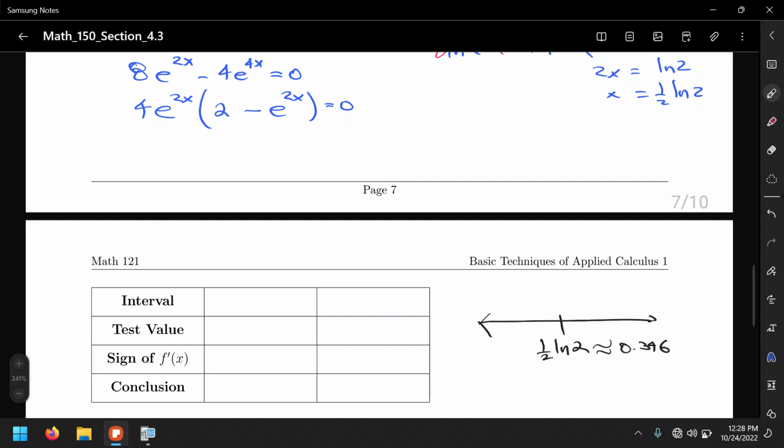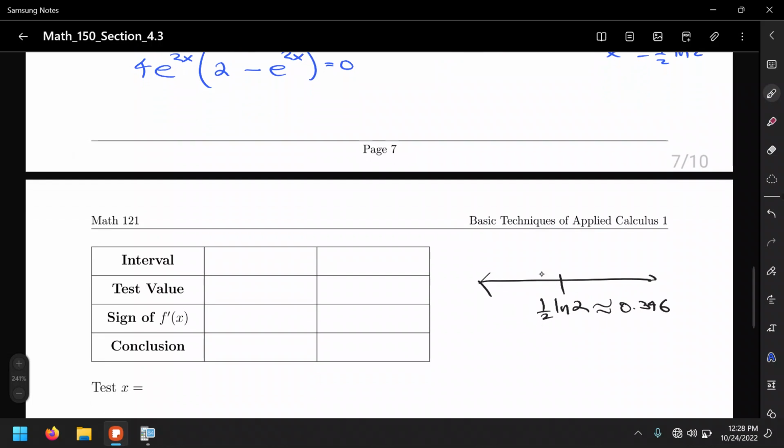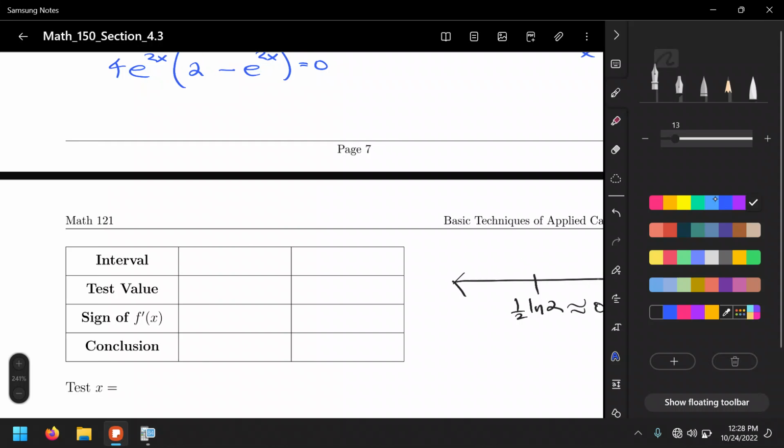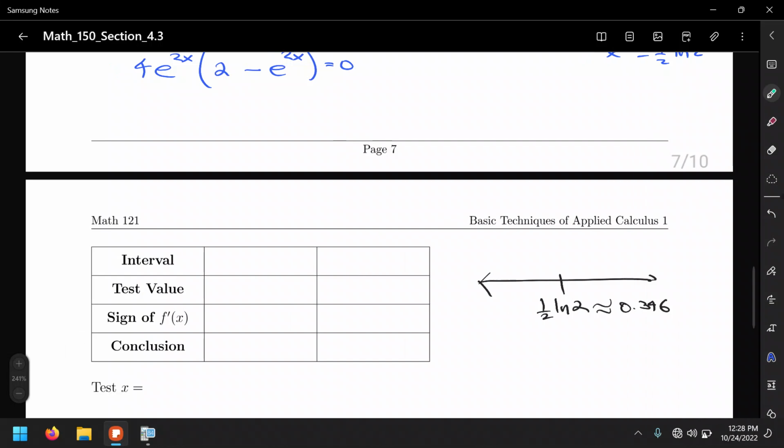This will divide the real number line into two intervals to test. That's why I have only 2 empty columns here to fill in: negative infinity to 1/2 ln of 2, and 1/2 ln of 2 to infinity.